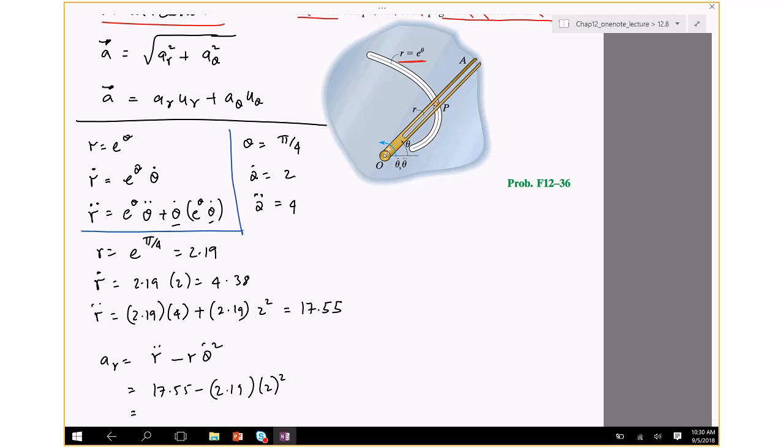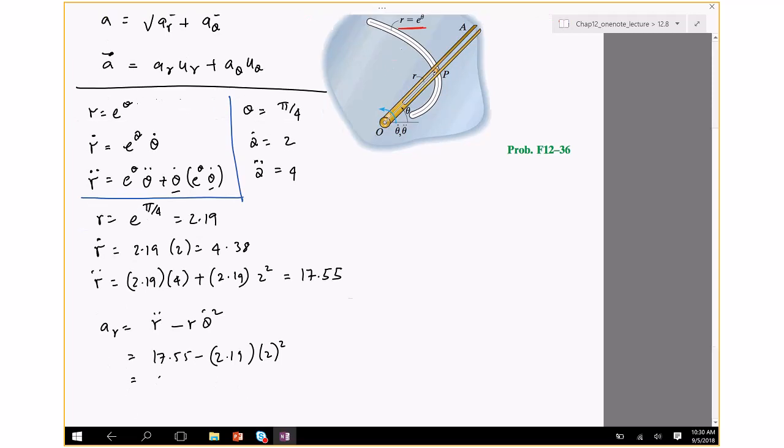So that's 8.79. And A theta is R theta double dot plus 2 R dot theta dot. So R is 2.19, theta double dot is 4, plus 2 times R dot, which is 4.38, and theta dot is 2.